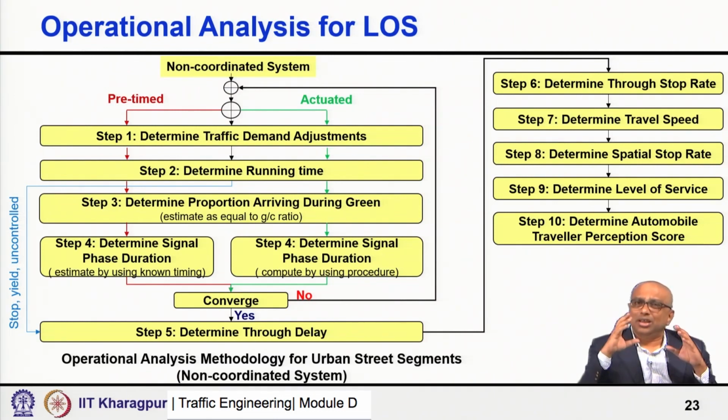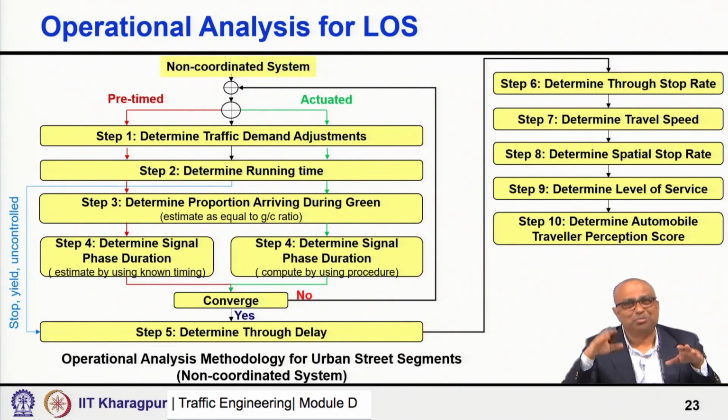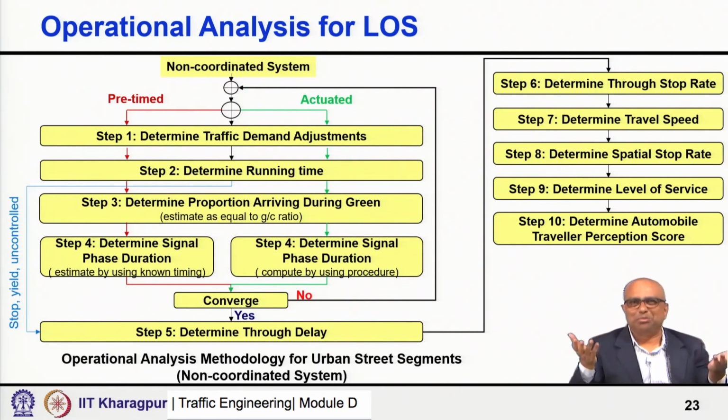So, every green time that you are giving, every cycle may not require that much green time. Sometimes even the green time you are getting may not be adequate for every cycle also. In some cycles the demand may go up, in some cycles the demand may go down.